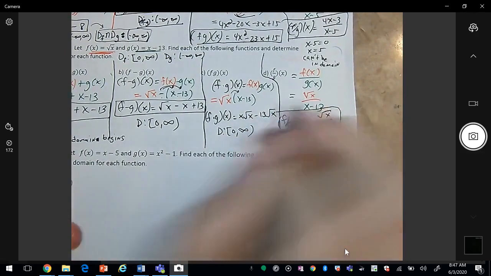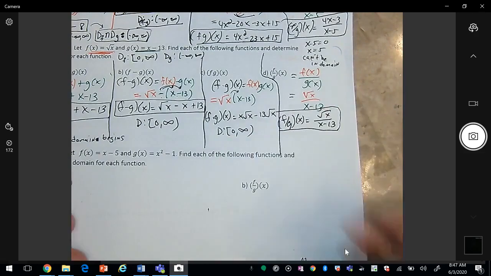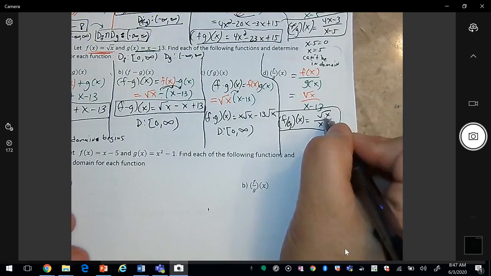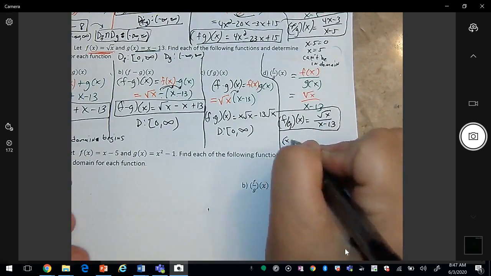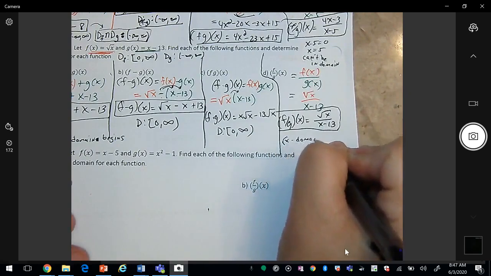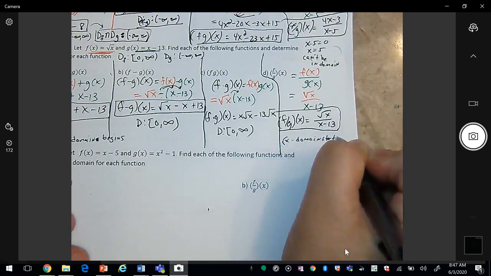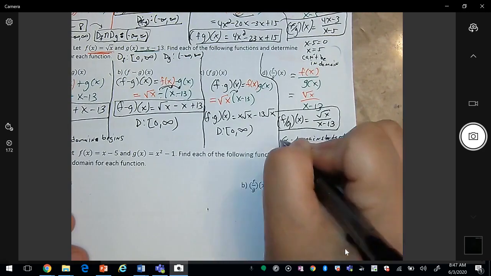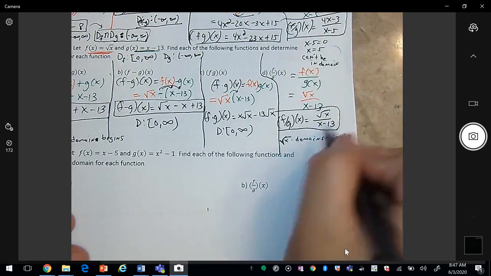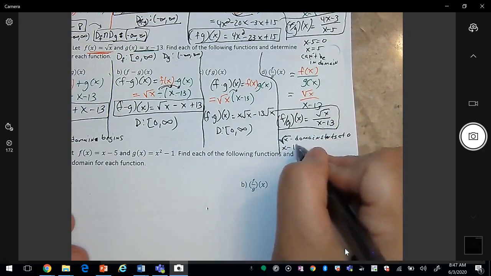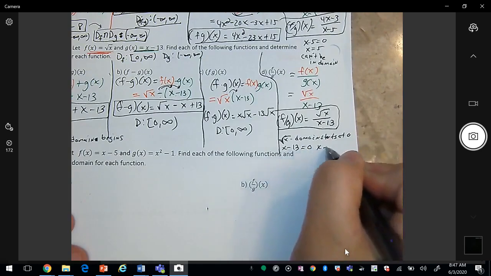So if we look at this problem, do we have a fraction? Yes. So for this square root of x, the domain starts at 0. And then for x minus 13, we have a fraction. So remember we set the denominator equal to 0.